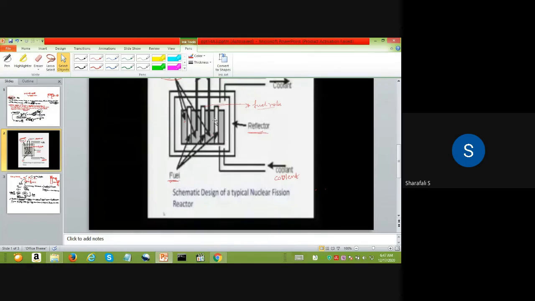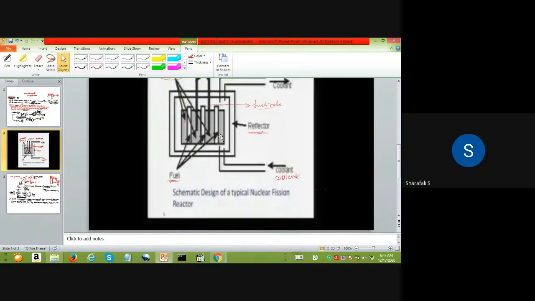That energy will be carried by those daughter nuclei and neutrons, and it will be transferred into this coolant, that is water, and that water will be evaporated because the energy will be very large and it will be very hot inside this cavity, in the core region.